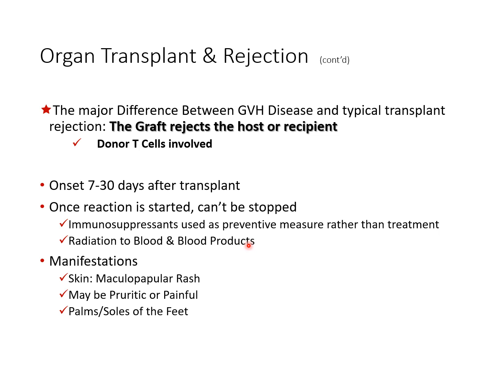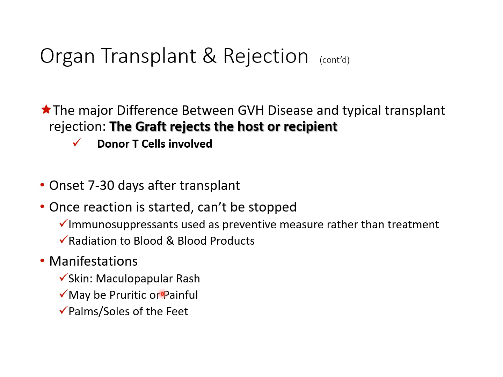In other words, they're treating whatever the graft is before they give it to you, because like I mentioned, it's incredibly difficult to stop the reaction once it starts, because those T cells are going to kick into gear and do whatever they can. So it could be a combination of everything. The patient becomes immunosuppressed. They've treated the graft itself. They've taken out T cells, because they want to make sure that graft is going to take and stick around.